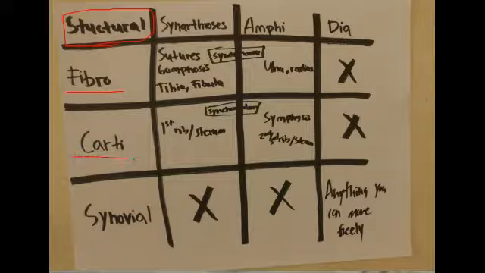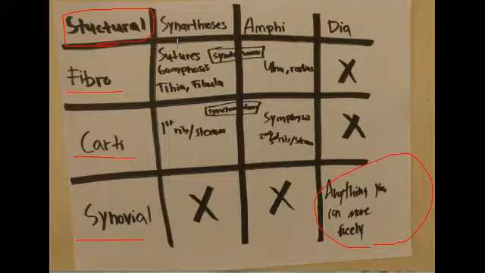And then we have cartilaginous joints. The cartilaginous joints are made of cartilage. And then lastly, we have the synovial joints. The synovial joints are complex and involve a different number of structures, and these are the ones that you can move freely. Now I know some of these words are kind of hard to read, but I'm still going to go over them anyway.